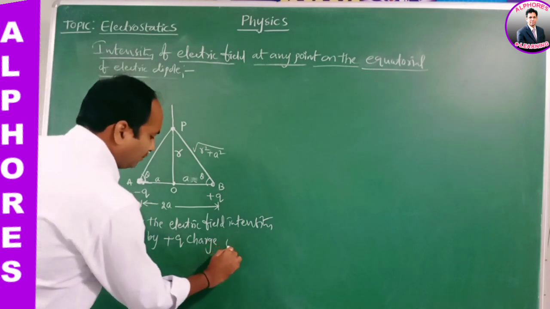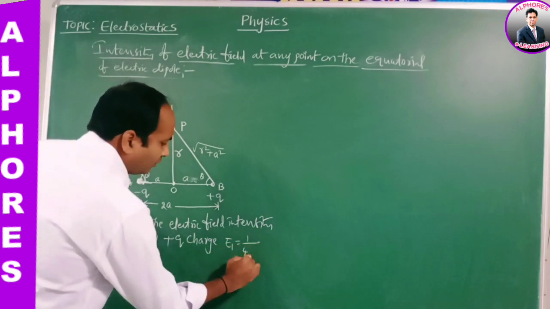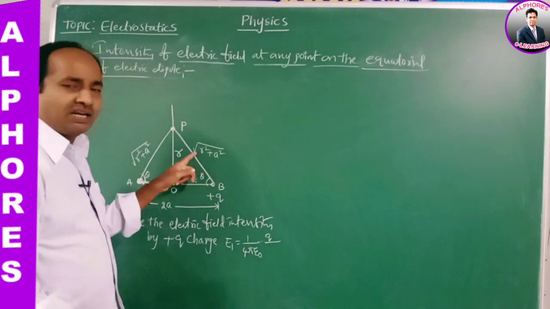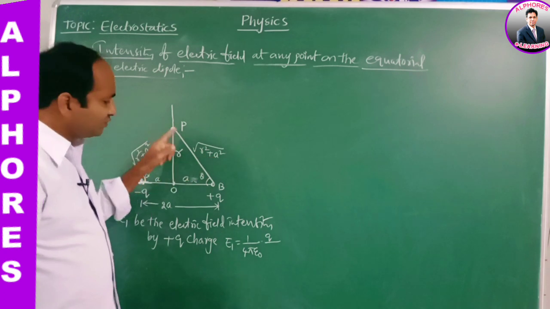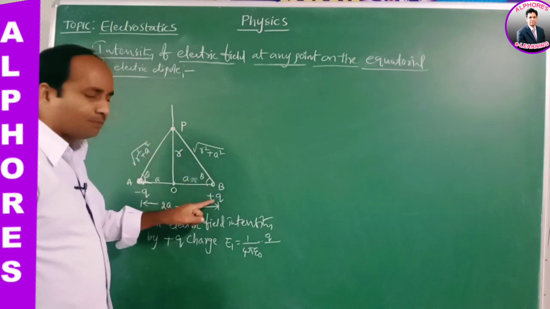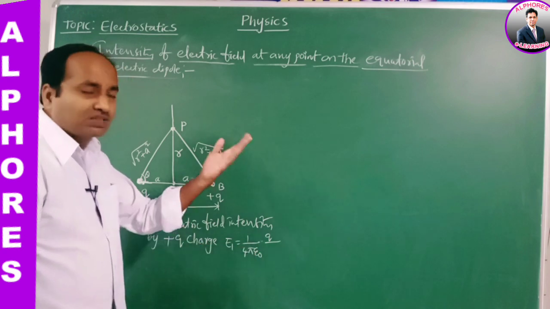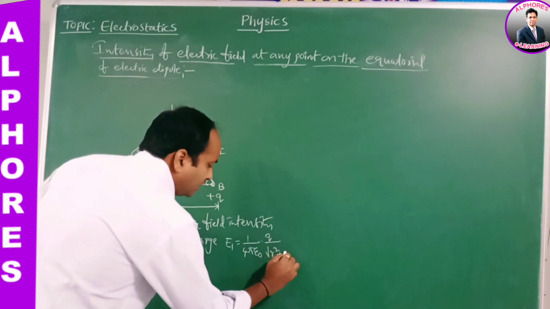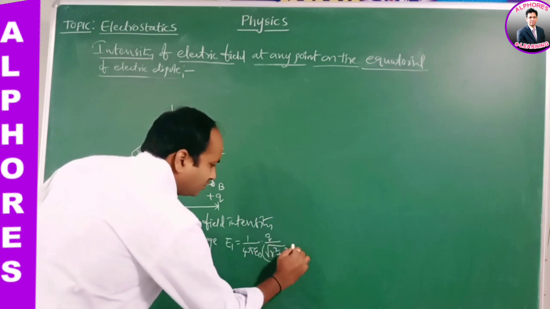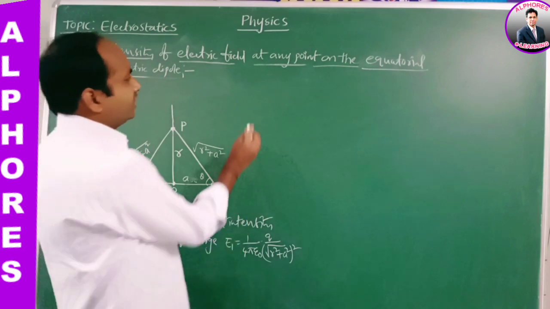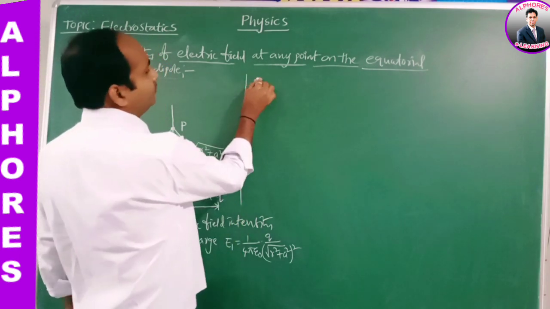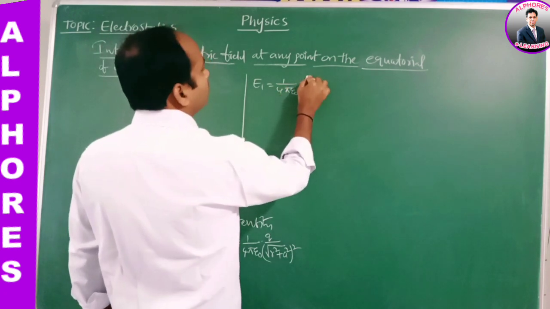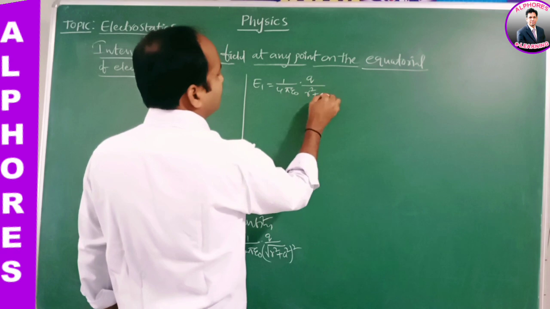We know that E1 is equal to 1 by 4 pi epsilon naught, Q by distance squared. The distance of the point P from the positive charge is under root of r square plus a square, and the square of the distance means r square plus a square. So E1 is equal to 1 by 4 pi epsilon naught, Q by r square plus a square.